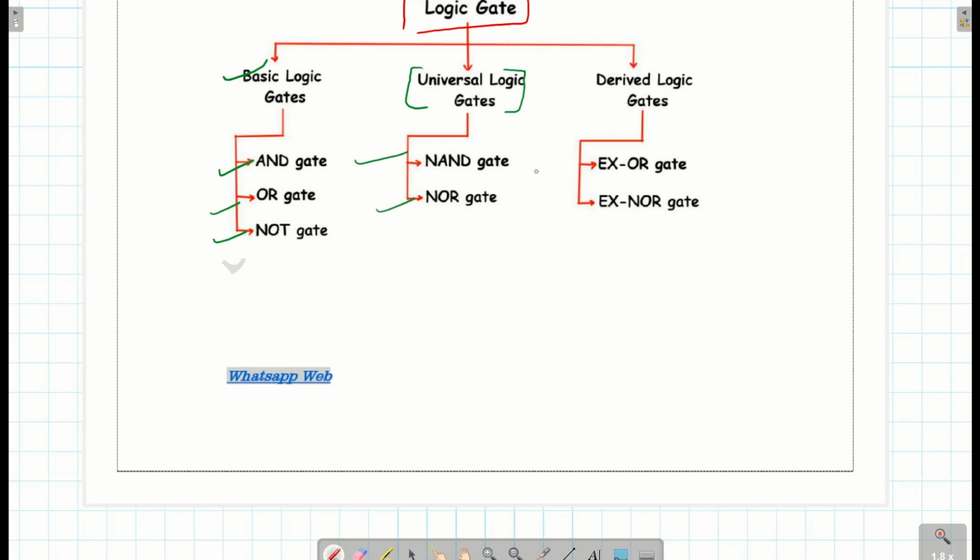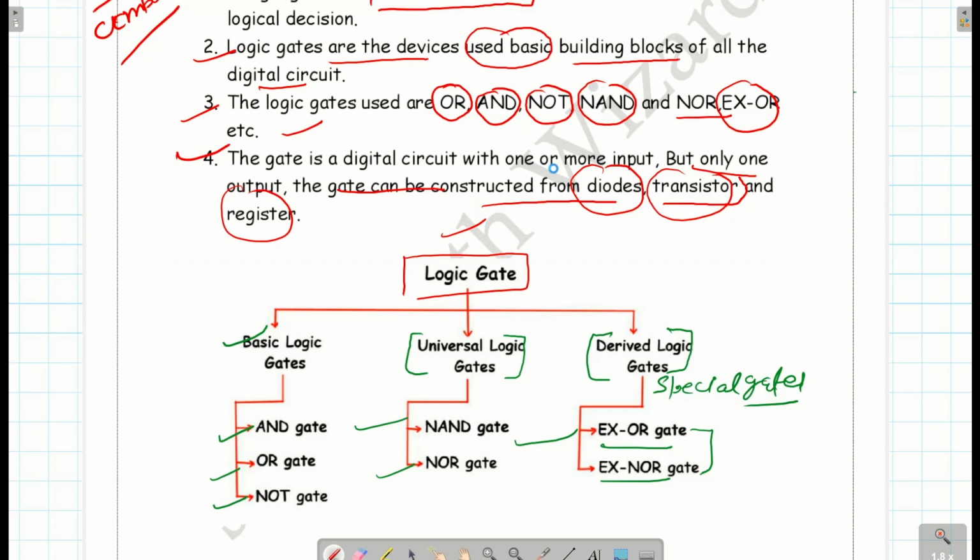I'll explain all these topics in broad. Next, derived logic gates, you can say special gates: XOR gate and XNOR gate.